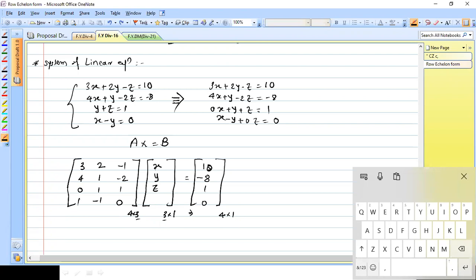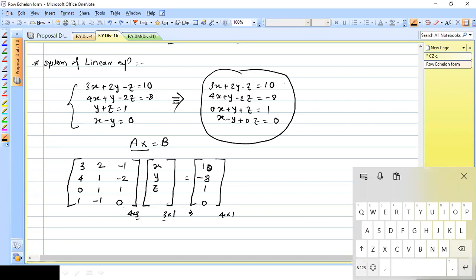So once you do the product, you will get this equation. Do the product of those two matrices, A into X. The first element A11 into the first element gives 3x plus 2y minus z, and by equality of matrices this is equal to 10.